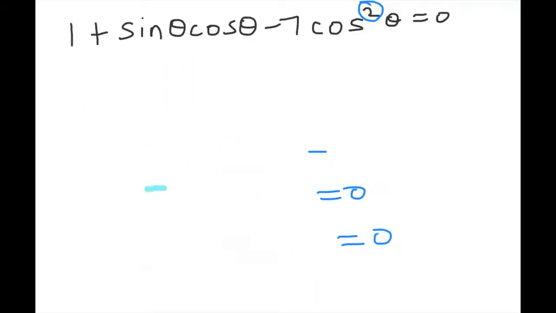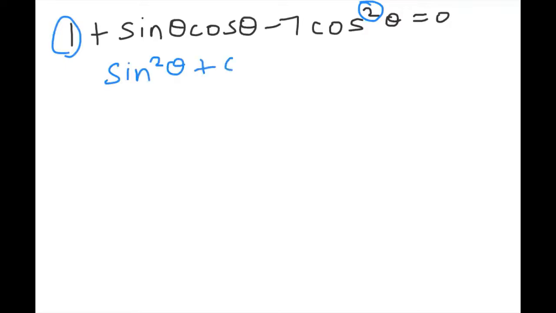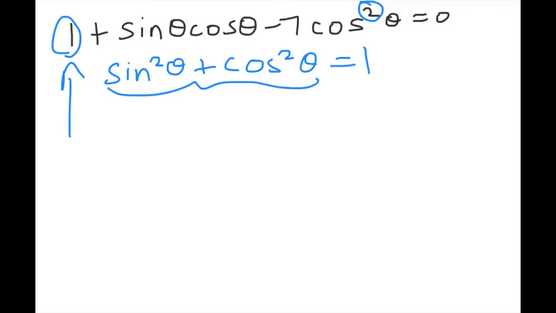So what's the next option? All right, let's see if we can use some rules. What is 1? 1 equals sine squared theta plus cos squared theta, because that answer equals 1. So I'm going to replace this 1 over here, because that equals 1.